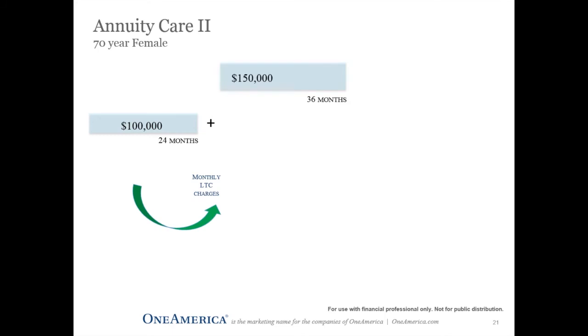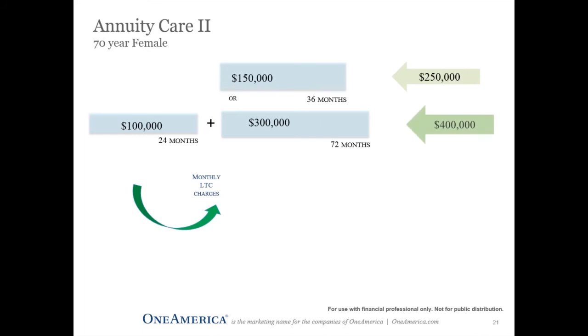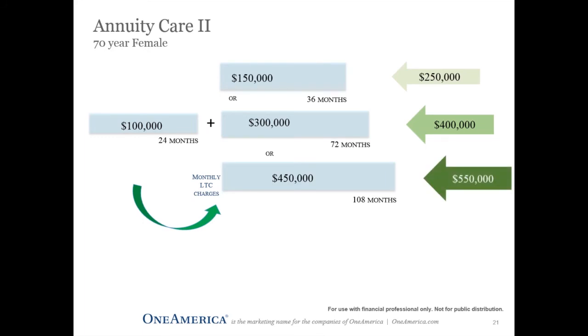So when you think about this Annuity Care 2 concept, it's really a simple product strategy. We drop a certain premium into the annuity, and we've got leverage for LTC, 2.5 times, 4 times, or 5.5 times the deposit. Now, I'm sure the question was begging to be asked: why wouldn't everybody just take this 5.5 times deposit? Well, here's your answer.